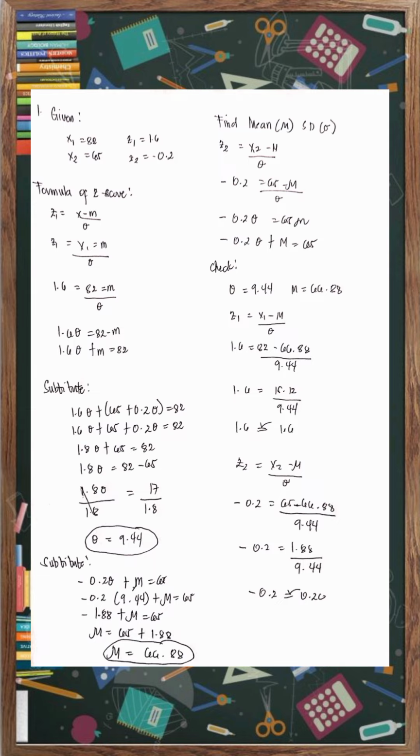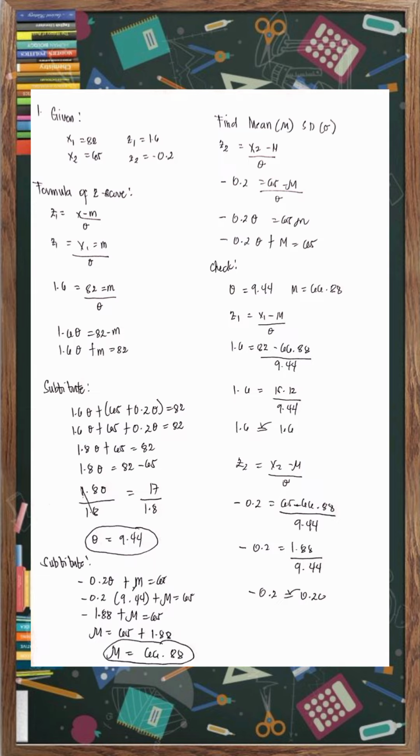Ang negative 1.88 po natin ay nakuha po natin sa 0.2 and sa 9.44. At ang mean naman po natin ay 65. Then, mean equals 65 plus 1.88.